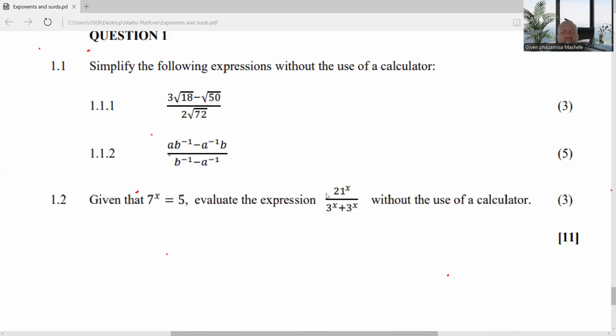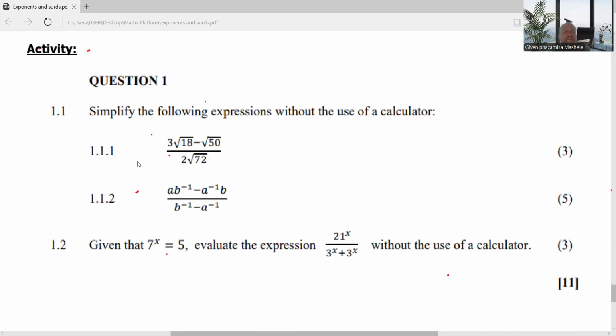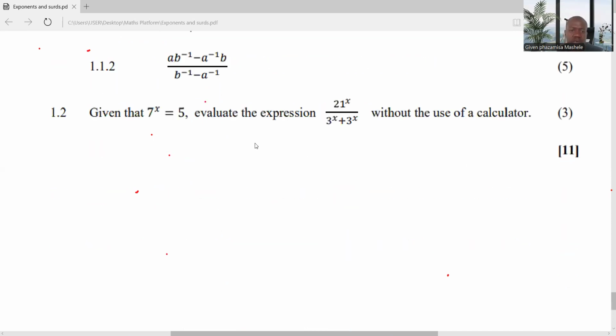Right? Let us look at this one. It says simplify the following expression without the use of a calculator, but we're only going to do 1.1.1. I want us to look at 1.1.2 actually. So let me copy the question here.